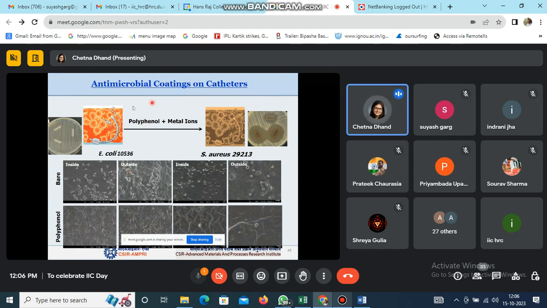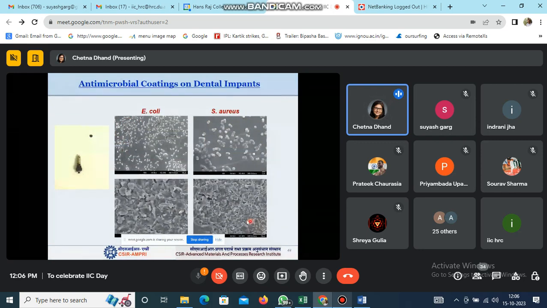So we have done some coatings on the catheters also, and you can see here, this is without coating. You can see the adhesion of the bacteria inside and outside. These circular structures are basically bacteria. But when there is a coating, there is no bacterial adhesion on the catheters.